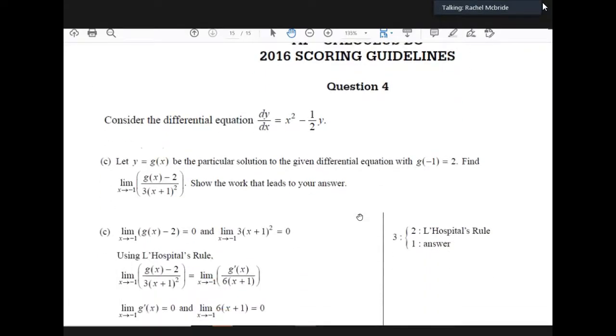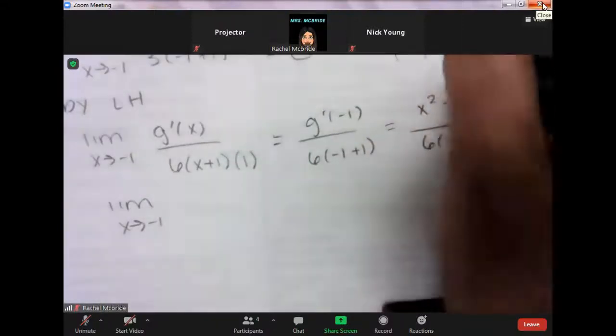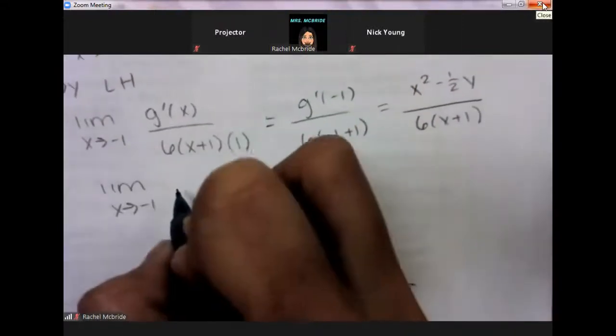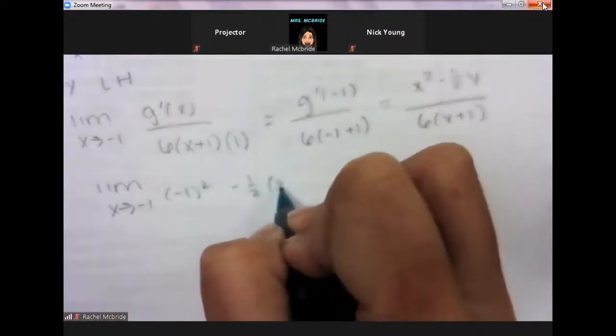Even after we take the derivative once, we end up getting 0 over 0 again. So you take your limit and plug it in. x was negative 1, y was 2.